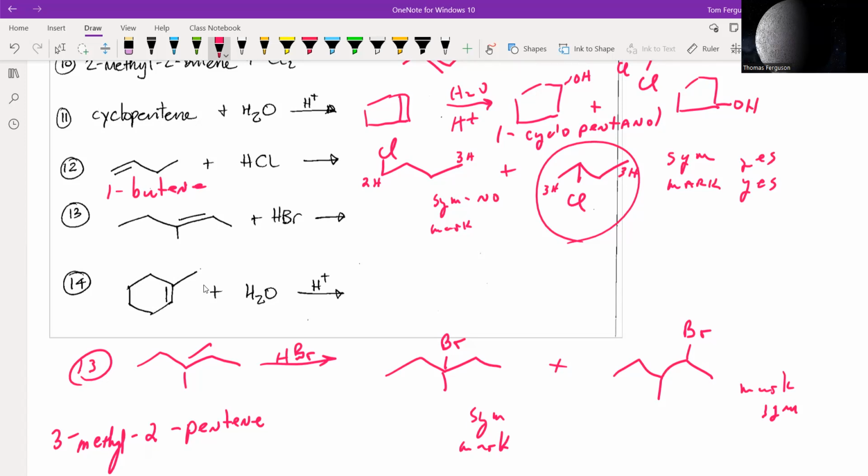The one on the left is nice and balanced, where the Br is right in the middle. So symmetry, yes. Now, this is where Markovnikov doesn't work because this is 3, 3, 3, 3. So symmetry is the main driving force in this one here.